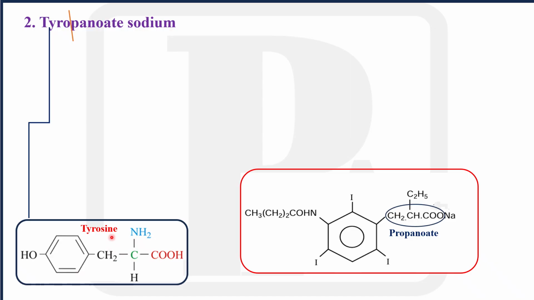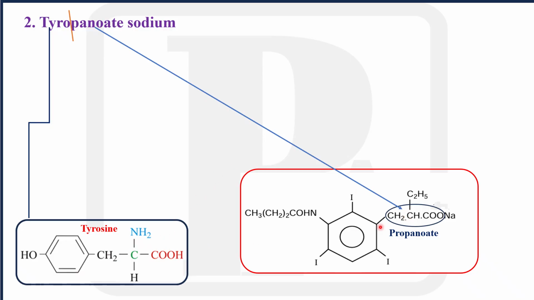So what is the fourth one for tyrosine? That is methyl with the para-hydroxyphenyl. So tyrosine is the center carbon with amino acid, one H, and another one is methyl with the para-hydroxyphenyl. And panoate is indicating propanoate.